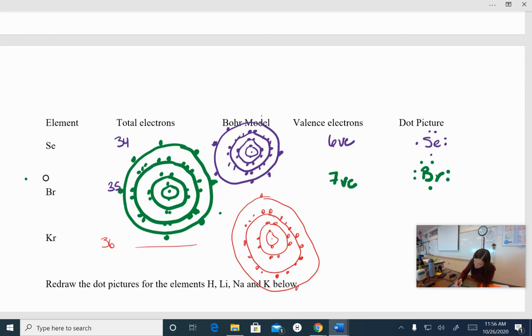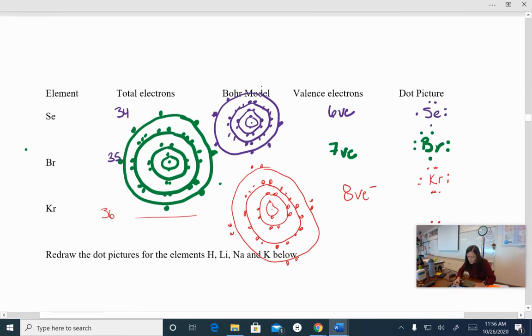And then we have to add in the 6. 1, 2, 3, 4, 5, 6. So that will give krypton 8 valence electrons. So krypton's picture is going to have 8 electrons around it. Okay?